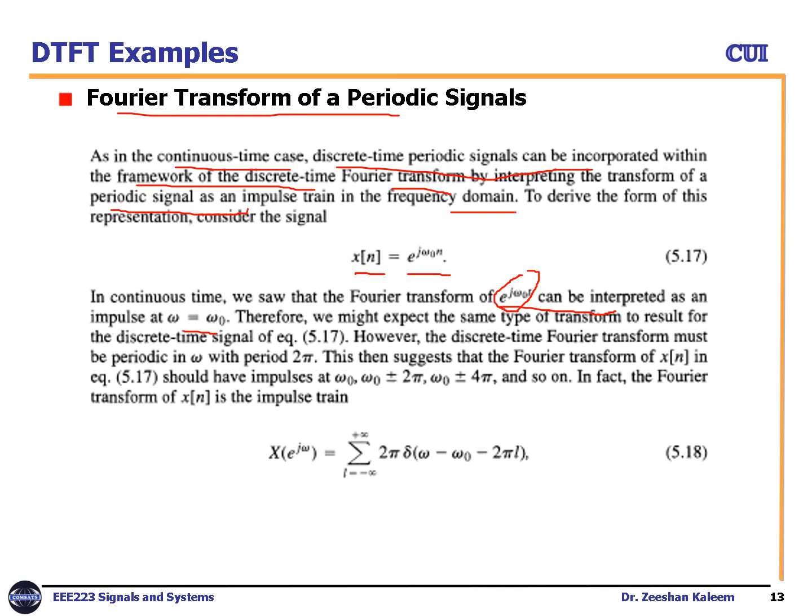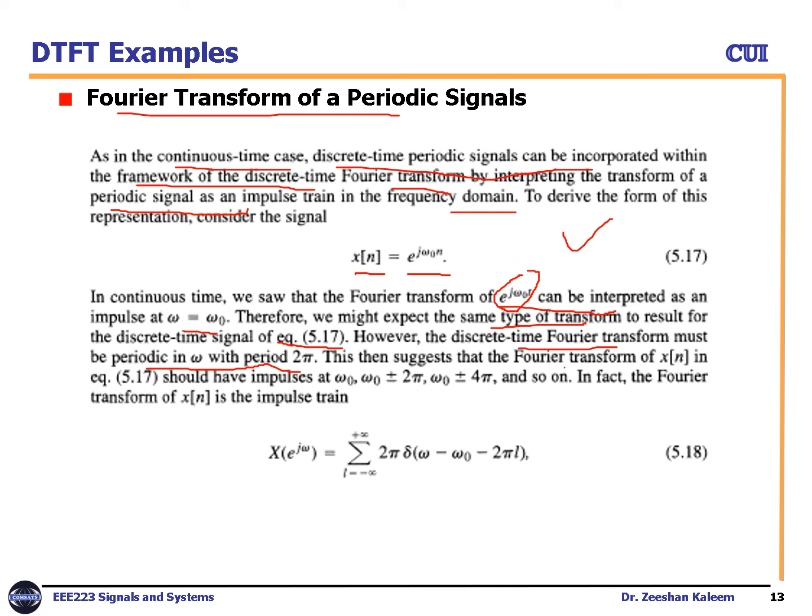Therefore, we might expect the same type of transform to result for the discrete time signal as well. However, the discrete time Fourier transform must be periodic in ω with period 2π. As we already discussed, the discrete time Fourier transform is a periodic signal rather than a non-periodic signal.